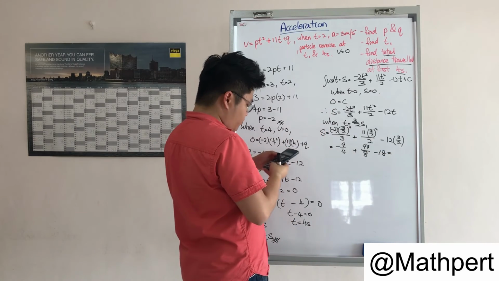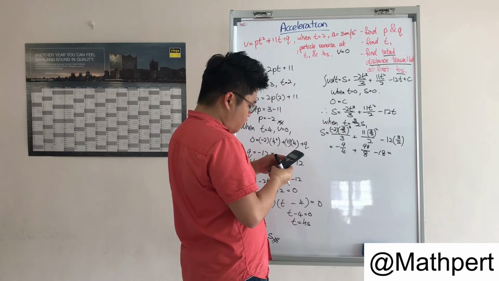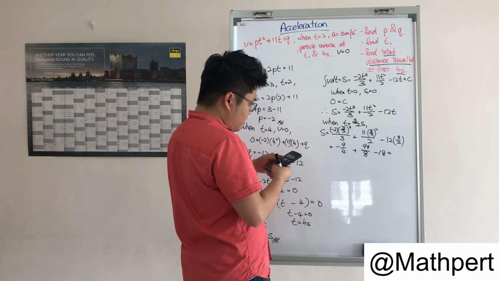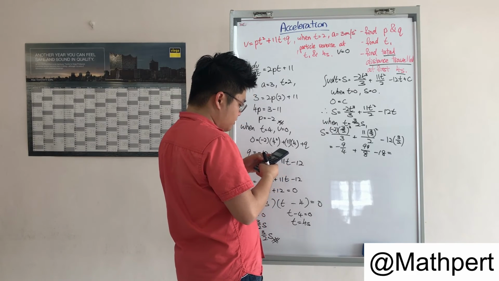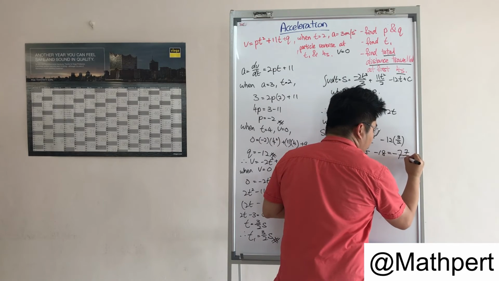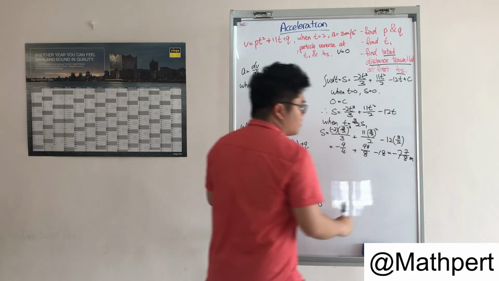And finally, how much do we get? Negative 9 over 4 plus 99 over 8 minus 18. We get negative 7 and 7 over 8 meter.